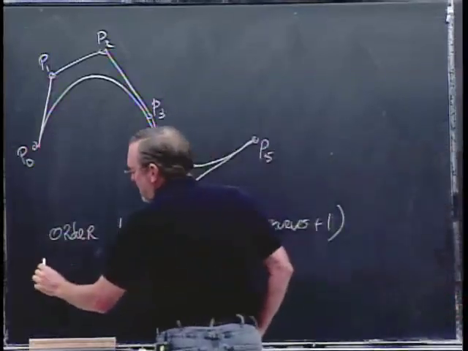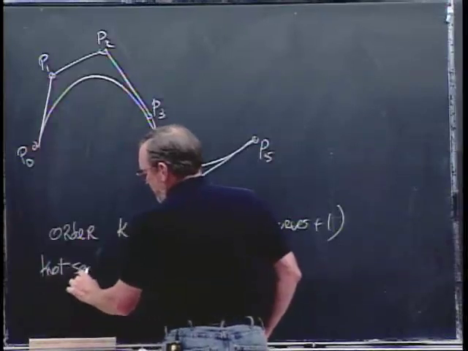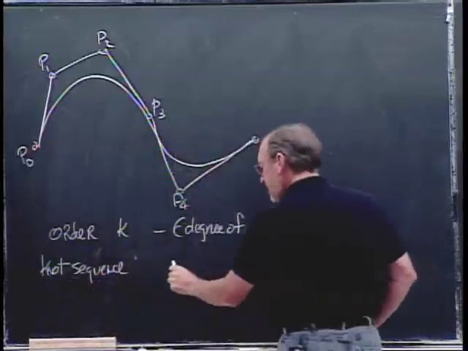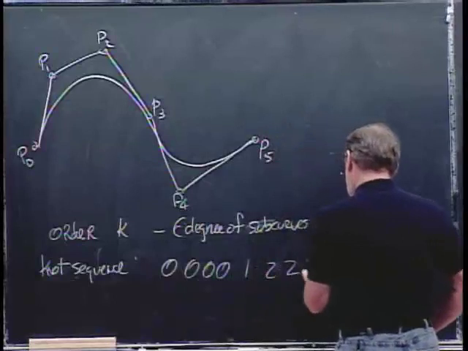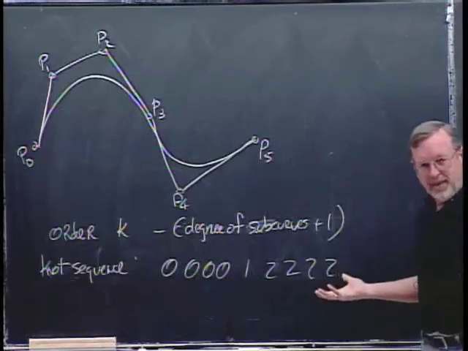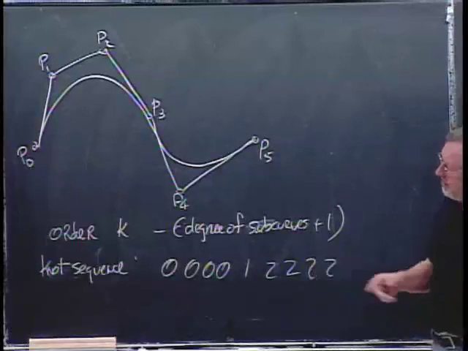And then we specify something called a knot sequence. Okay? And the knot sequence looks something like this.